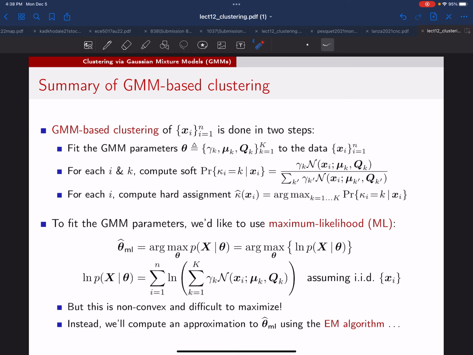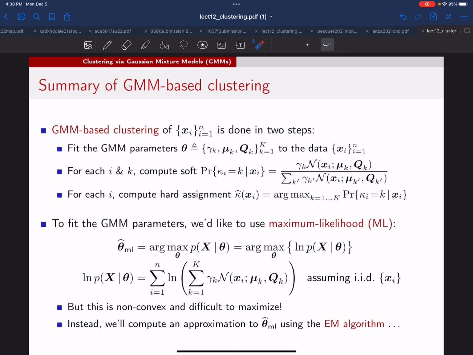Assuming we've done that, then for every data sample i and every component k, compute the soft probability, the probability that kappa_i equals k given x_i. Here kappa_i corresponds to x_i. And we know from the expression on the previous page that it equals this, so we can just plug in all this stuff and compute this value between 0 and 1.